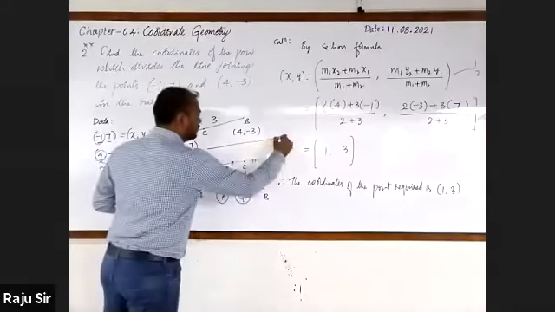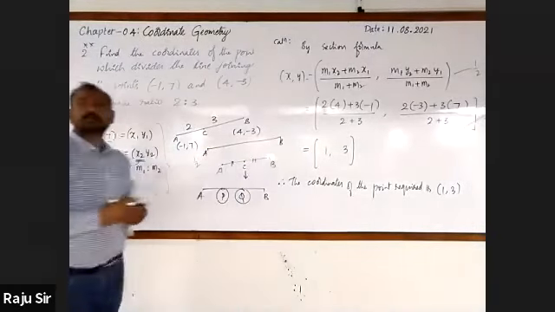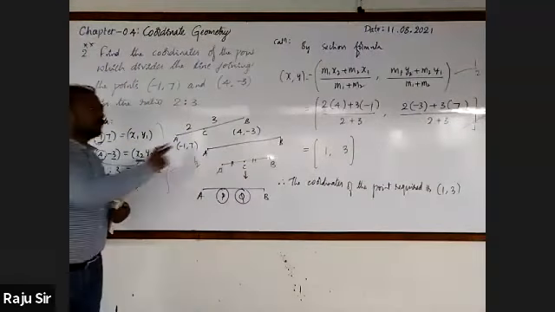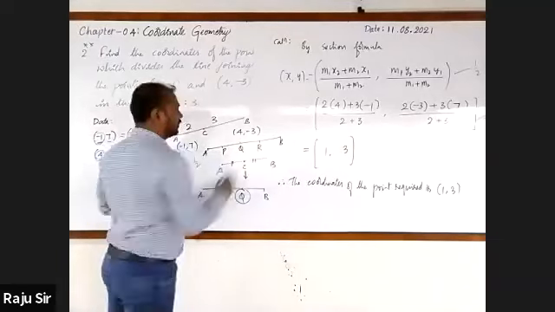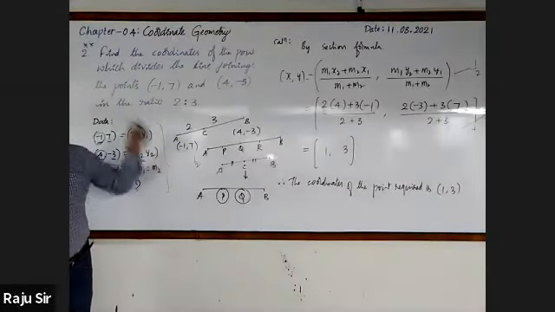Similarly, if AB should be divided into four equal parts, how many points should be there? 3 points. I'll call them P, Q, and R. What do you call P, Q, and R? Points of quadrisection.